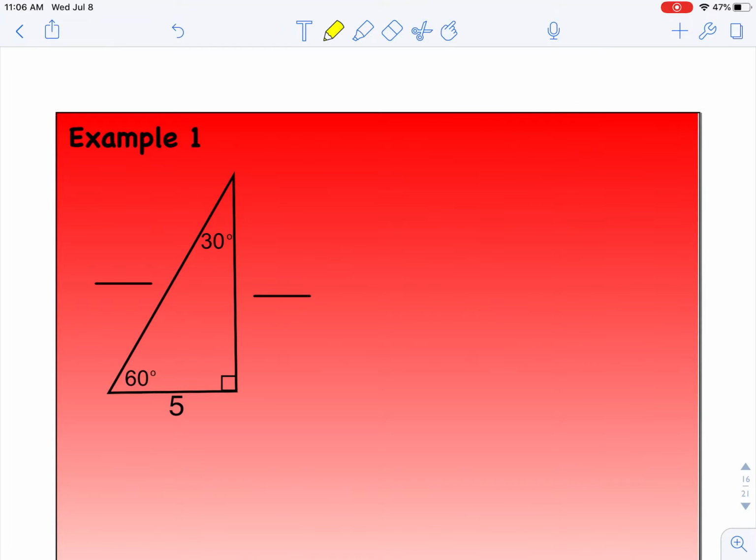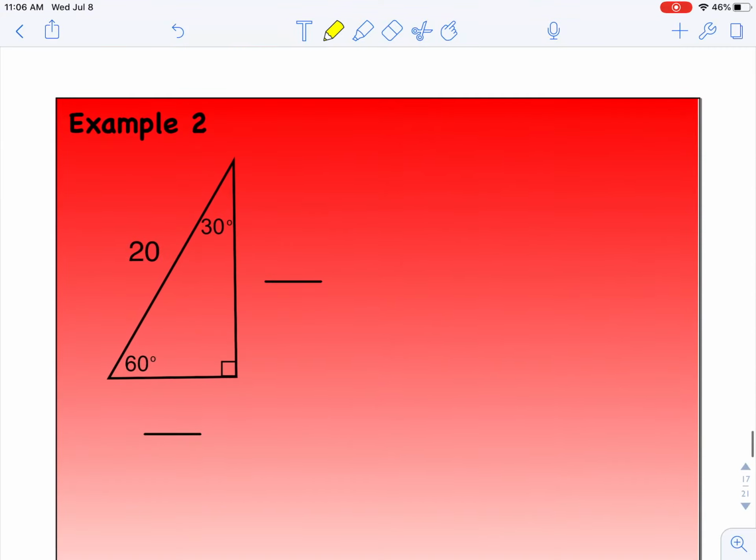So again, what I like to do is I like to write the relationship. The shorter side is x, the hypotenuse is twice x, and the longer leg is x times the square root of 3. So if this is 5, the hypotenuse is 10, and the longer leg would be 5 root 3. So that's just the basic ratio.